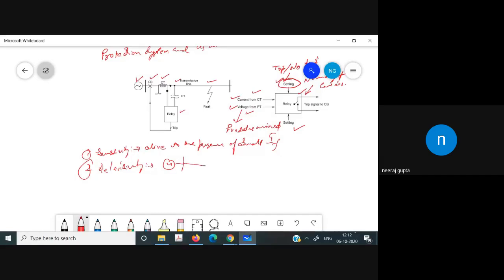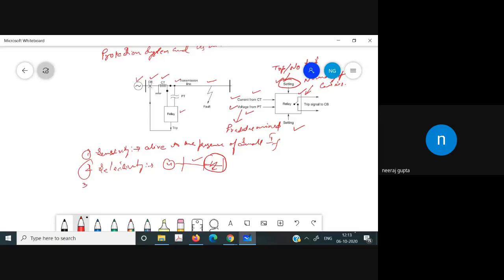Let us suppose that fault occurs in this transmission line, then the protective system should be such that it will isolate that part only so that the rest cannot be affected. So it must be selective in judging which part is faulty so that it can be isolated.